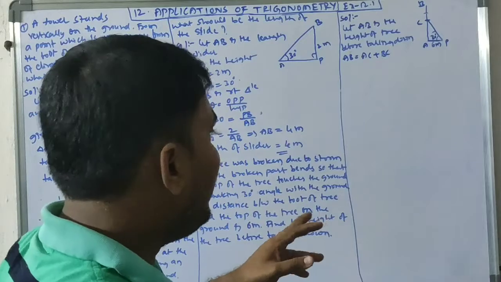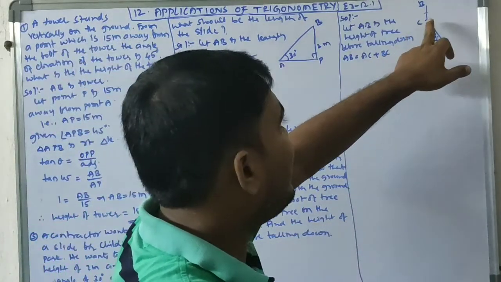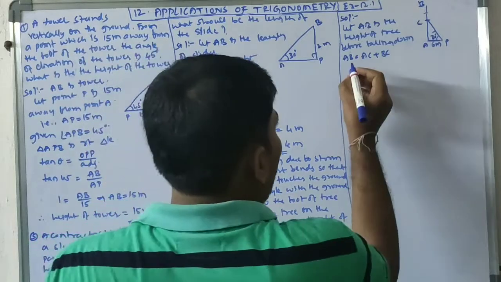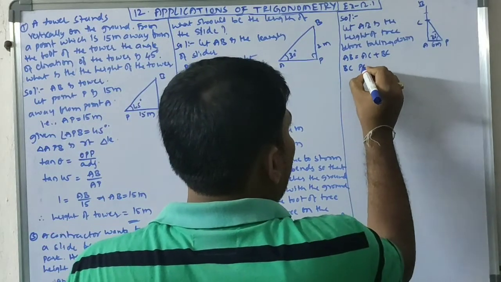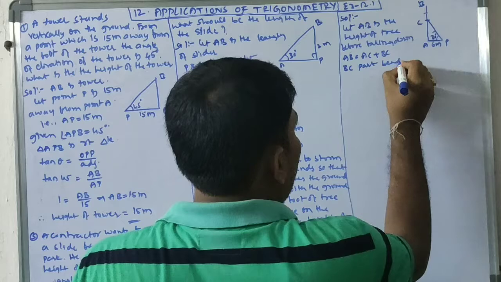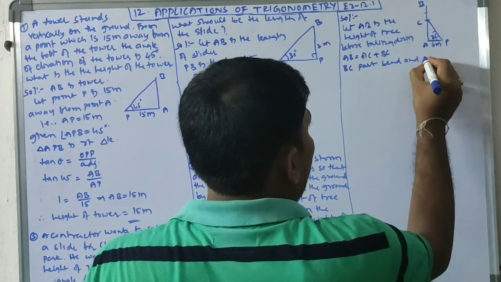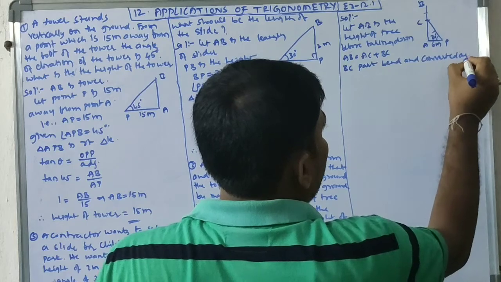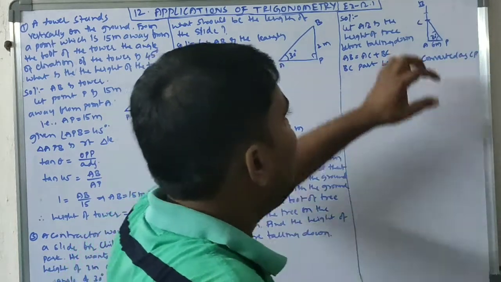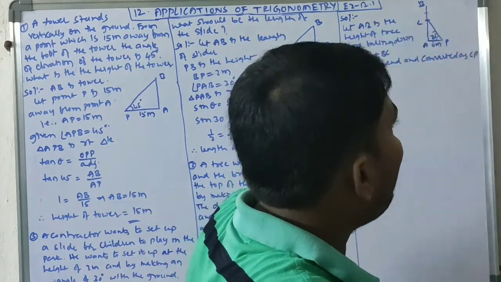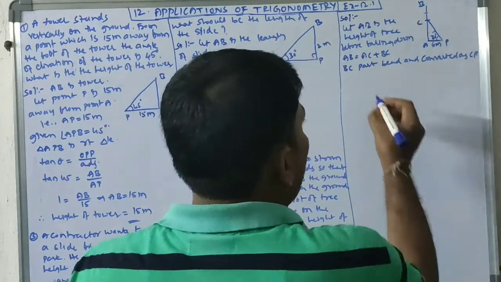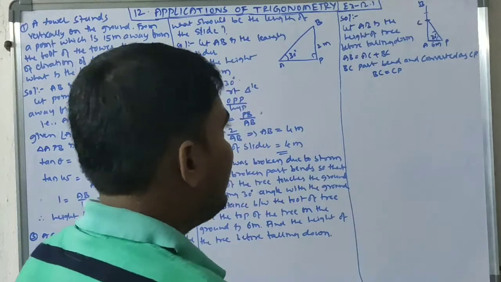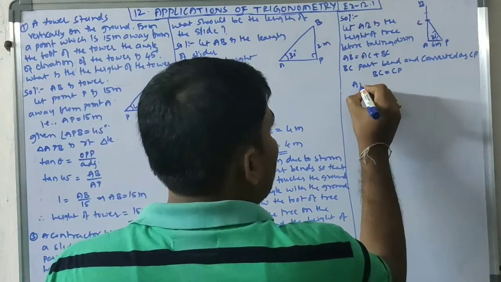The tree is cut at a point C, so the BC part bends and is converted as CP. So BC equal to CP, and AP is given as how much?